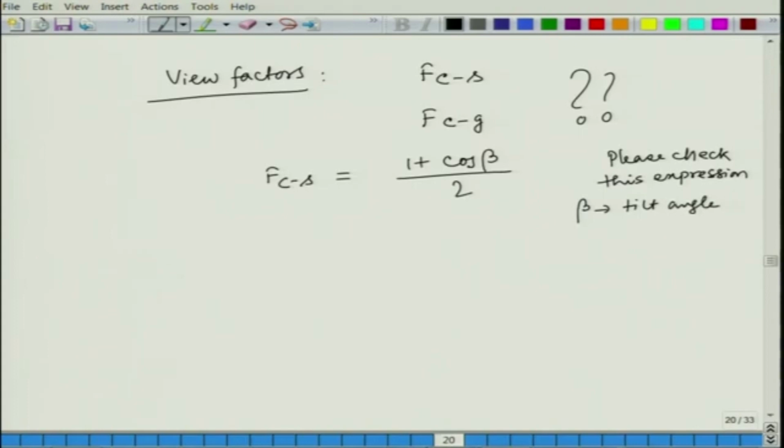That is the view factor from the collector to the sky, and from the collector to the ground it is (1 - cos beta)/2. Very simple expression, but please check that too.